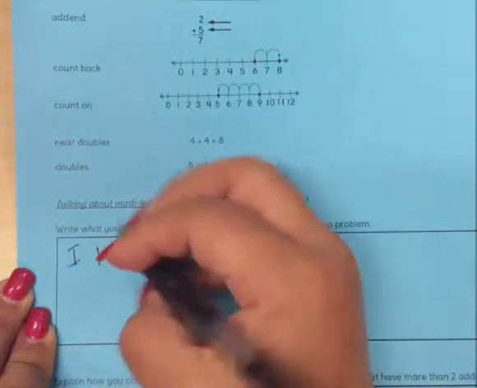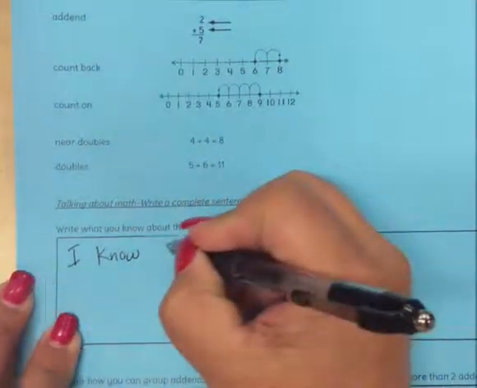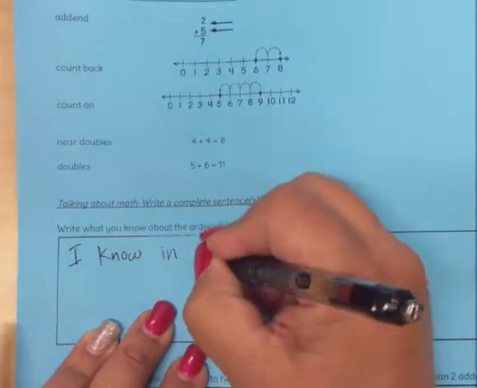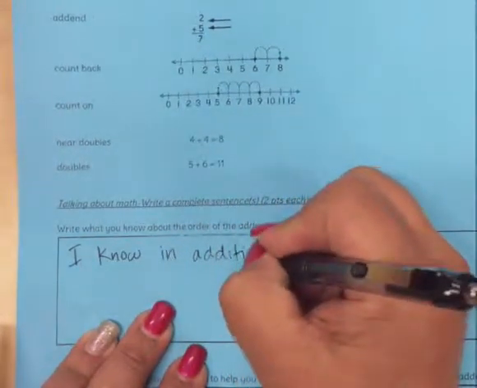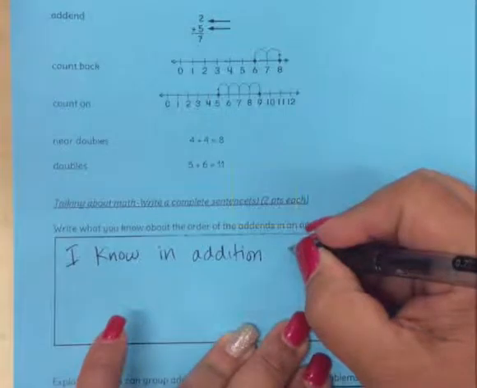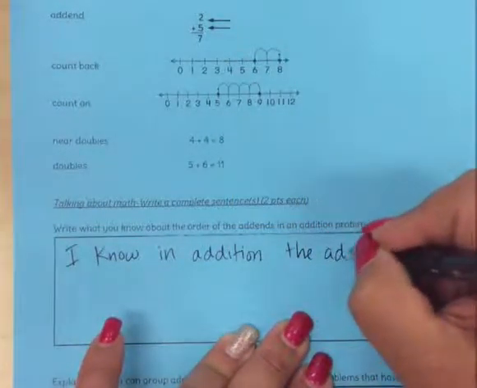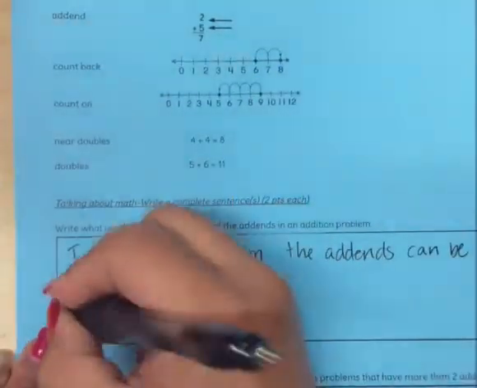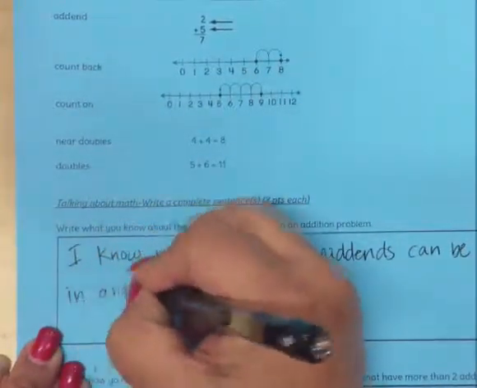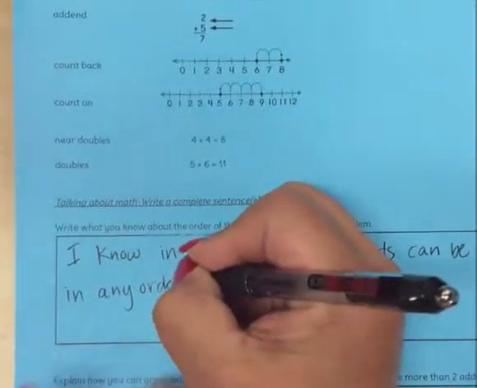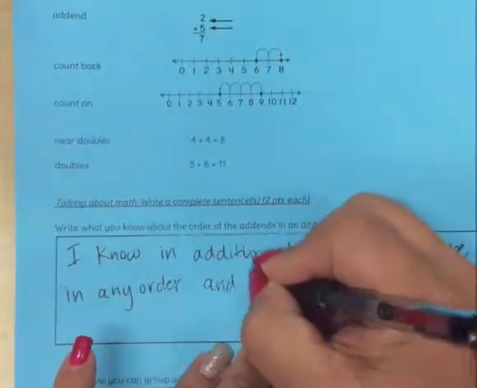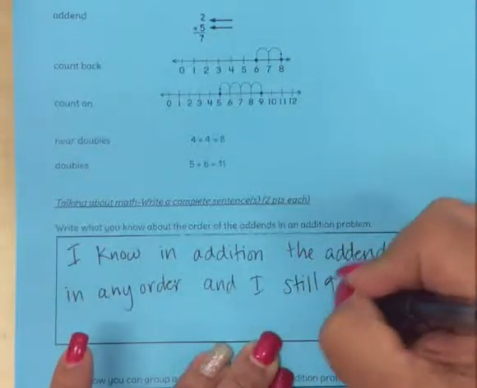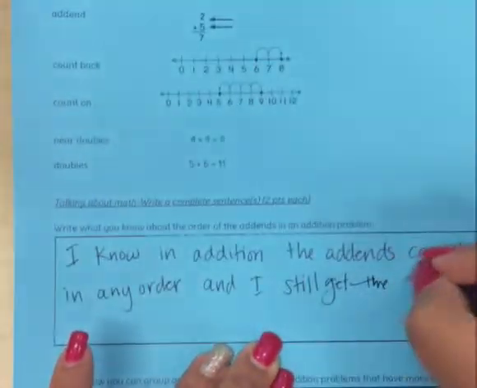I know, because it says write in a complete sentence, I know, in addition, the addends can be in any order and I still get the same sum.